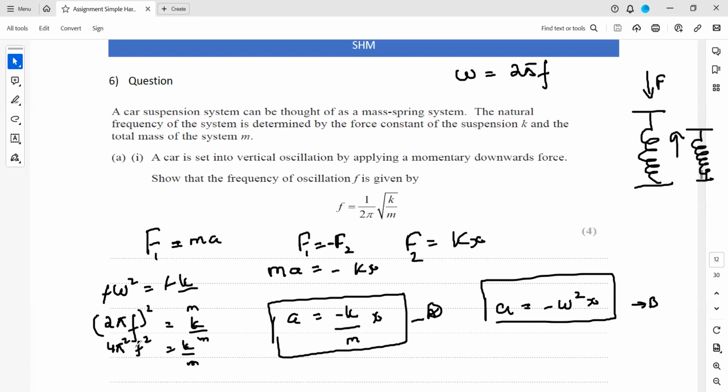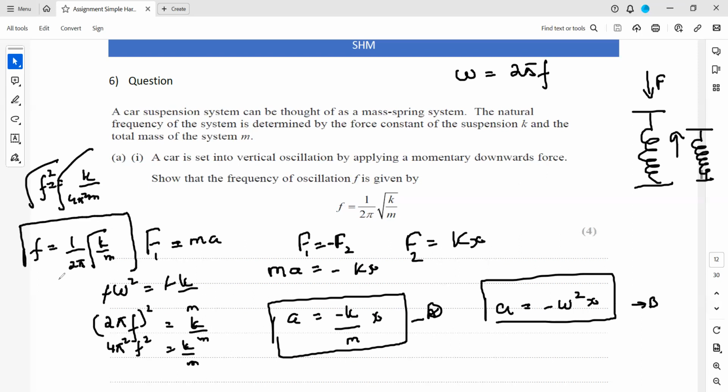If I need the frequency, I can say f square equals k over m times 4 pi square. If I need only the frequency, I'll take the square root. So f equals 1 over 2 pi under root k divided by m.